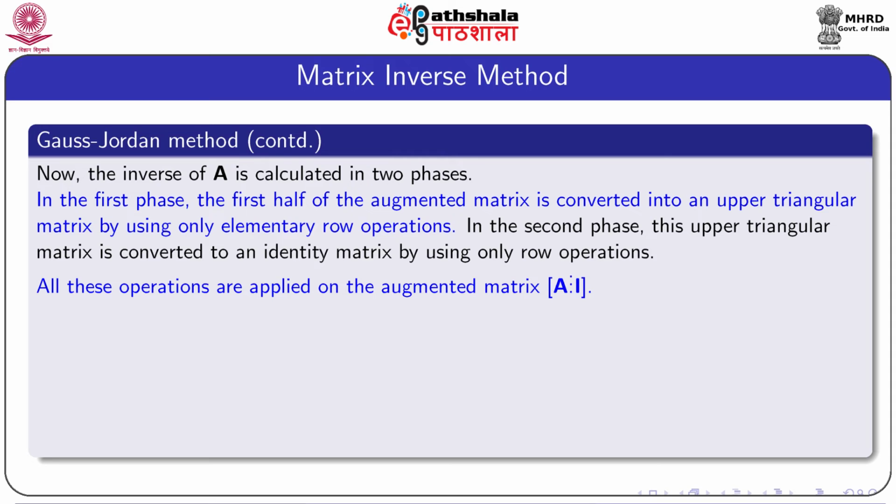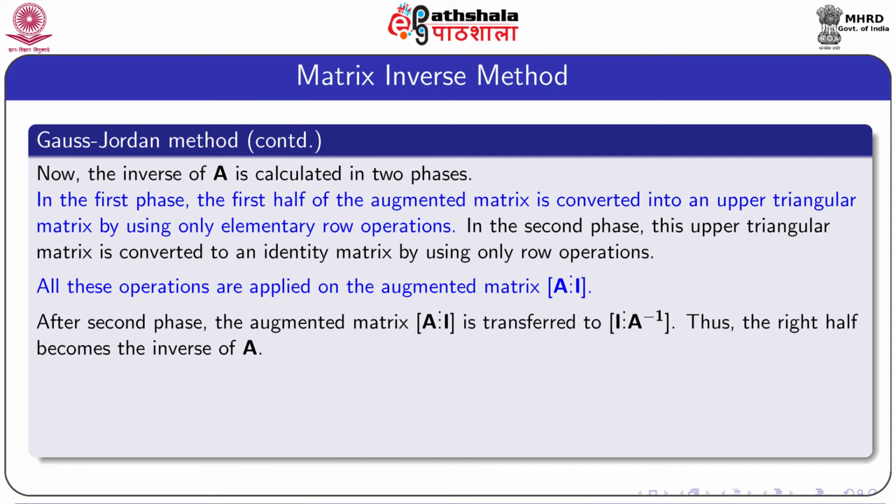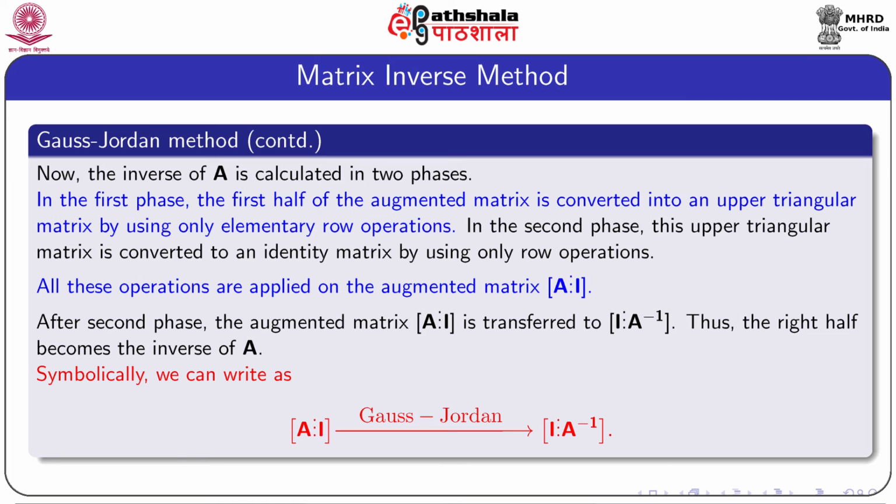All these operations are applied on the augmented matrix A vertical dots I. After the second phase, the augmented matrix is transformed to I vertical dots A inverse. That means the right hand side becomes the inverse of the original matrix A. Symbolically, A vertical dots I is reduced by the Gauss-Jordan elimination method to I vertical dots A inverse.